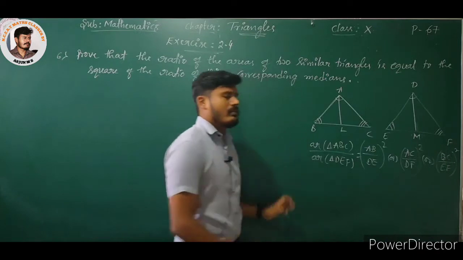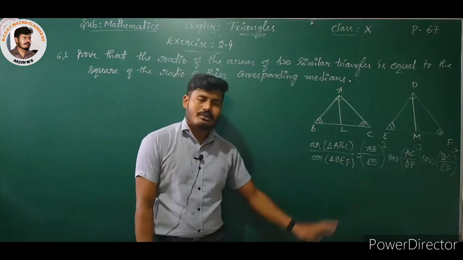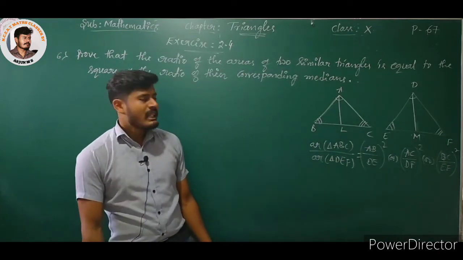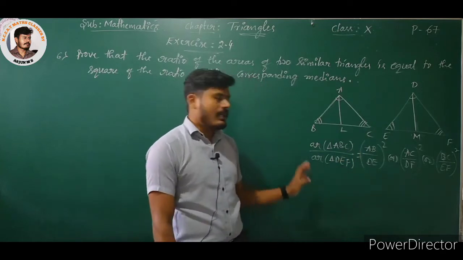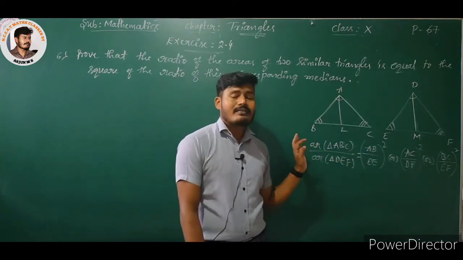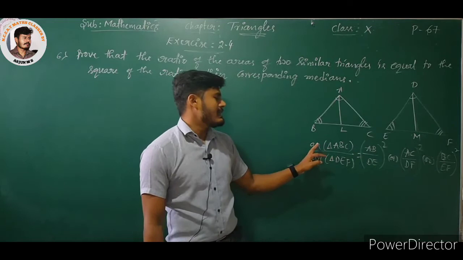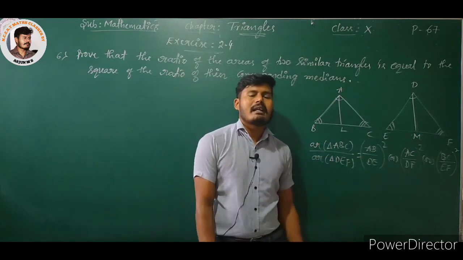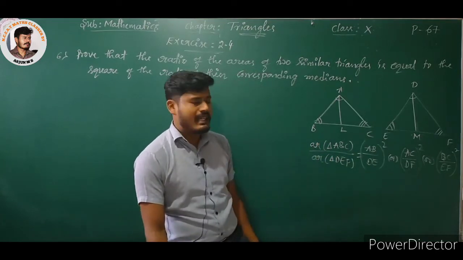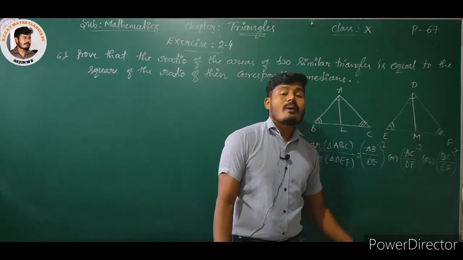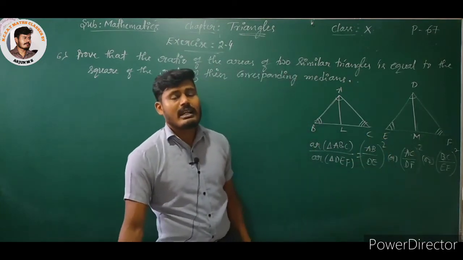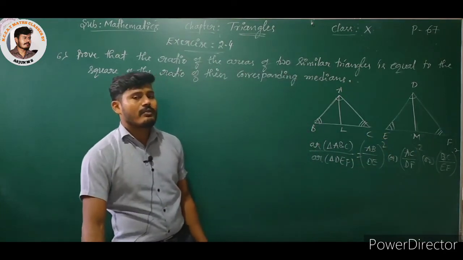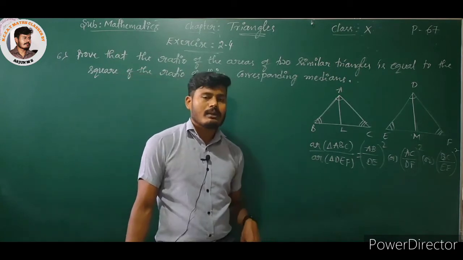These three are possible. We already know these three squared ratios according to the areas of similar triangles theorem: area of triangle ABC divided by area of triangle DEF is equal to the square of the ratio of their corresponding sides.